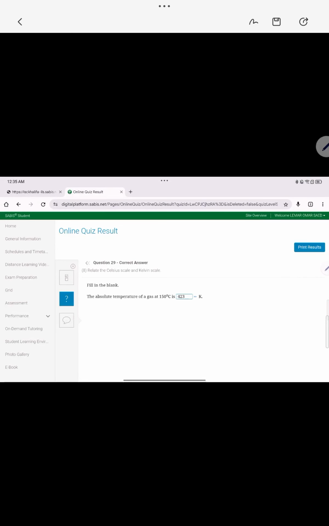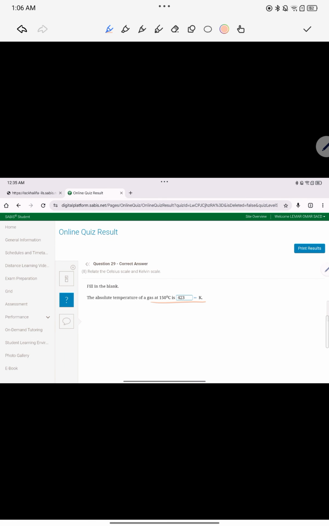Question 29, the last question. Just you have to convert Celsius to Kelvin, so 150 plus 273 or 273.15, doesn't really matter. So it will be 423. That's it.